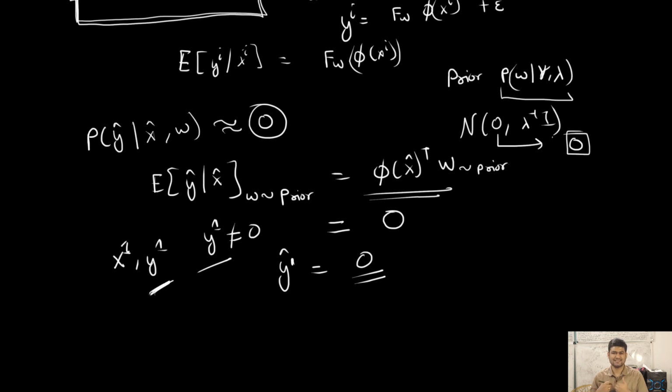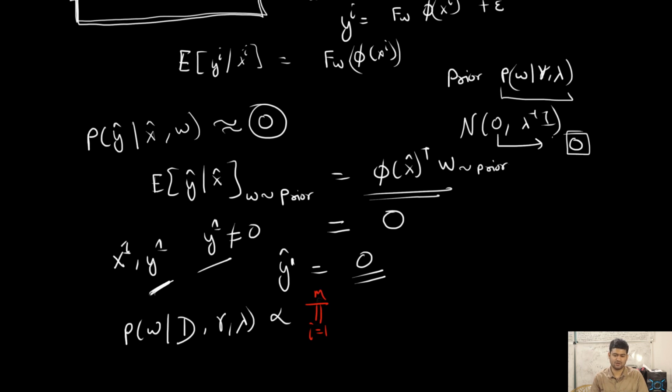So this is exactly what we get by computing the posterior distribution of w. Remember, the posterior distribution P of w given the data and the hyperparameters gamma and lambda depends on both the likelihood of the data, which is nothing but the multiplication of the individual probabilities of the data, and the prior.